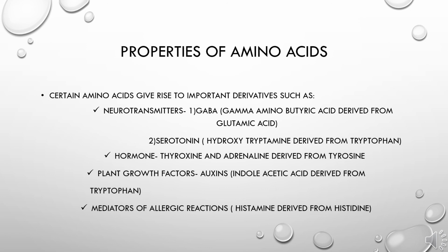Another derivative can be hormones, for example, thyroxine and adrenaline, derived from tyrosine. Plant growth factors can also be derived, for example, auxins, that is indole acetic acid, derived from tryptophan.